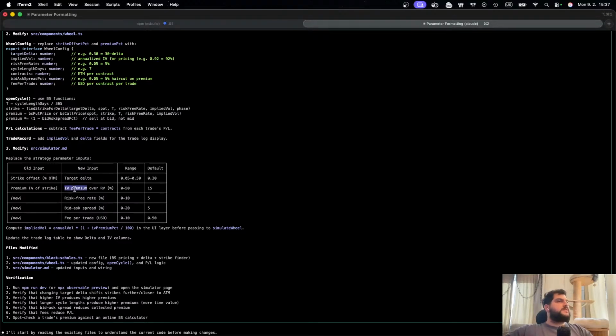And this is IV premium over RV, so it's implied volatility over realized volatility.